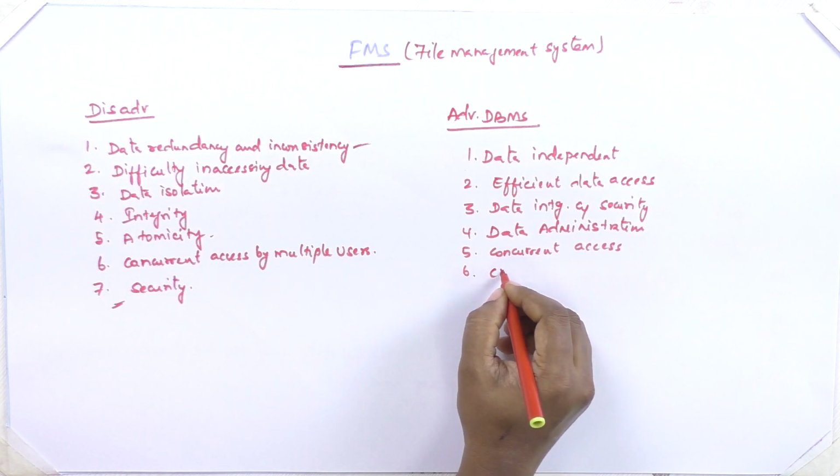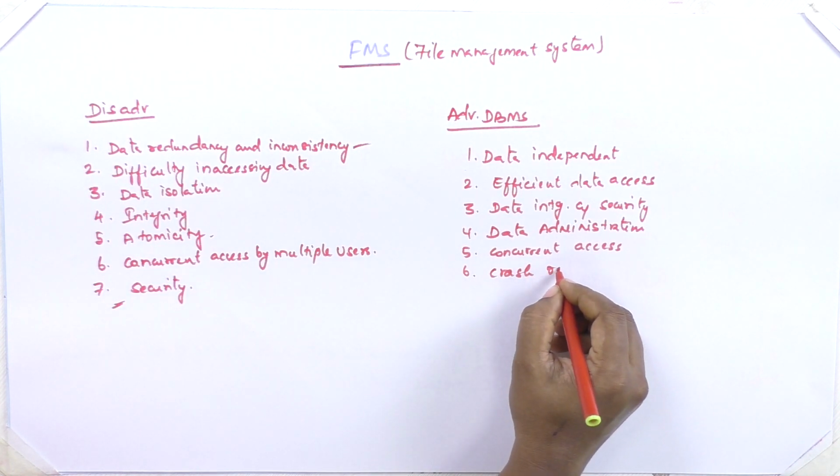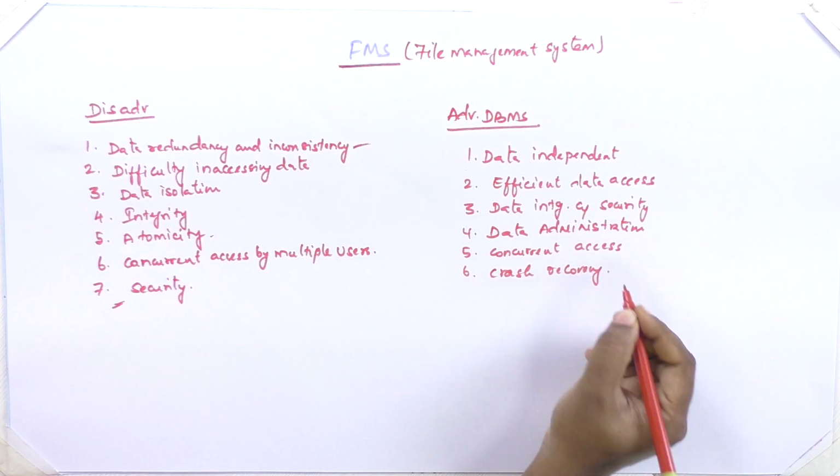And the last one is crash recovery. If any problem occurs, the crash recovery system will recover the system to its earlier position. As I told you in the previous case, suppose an amount of rupees 500 is deducted from account A and needs to be transferred to account B, and there is an issue so it is not transferred properly.